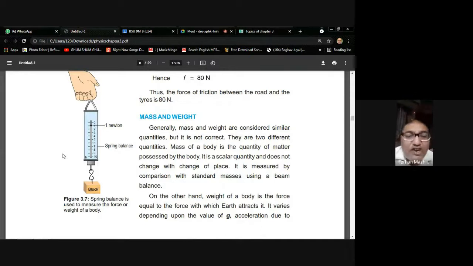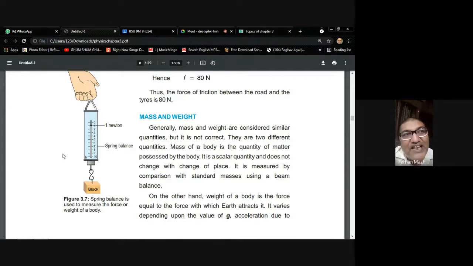Your distance from the center of the earth increases. Murree is a hill station, so the value of g in Murree will be less as compared to the value of g in Sargodha. So there the weight will reduce a little bit.